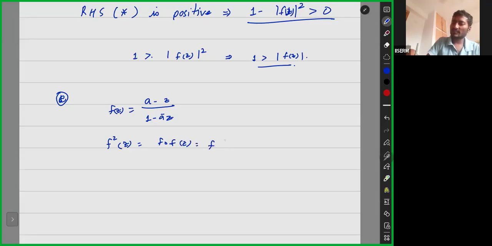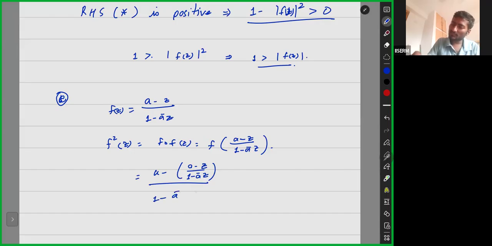This is f of A minus Z divided by 1 minus A bar Z. So we put this: A minus (A minus Z)/(1 minus A bar Z), divided by 1 minus A bar times (A minus Z)/(1 minus A bar Z).